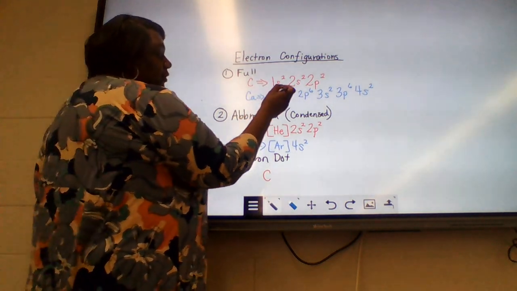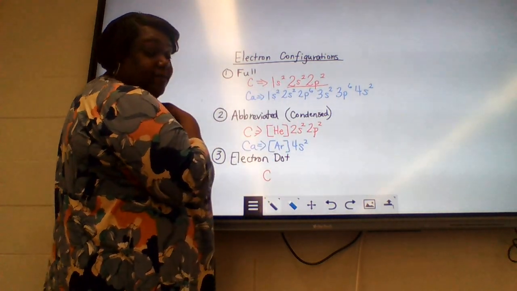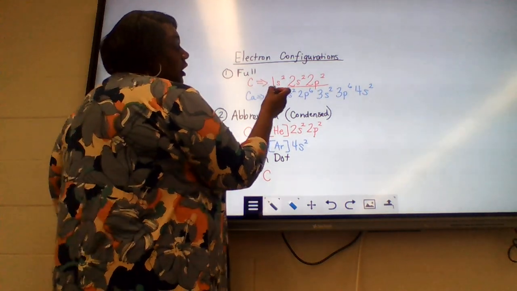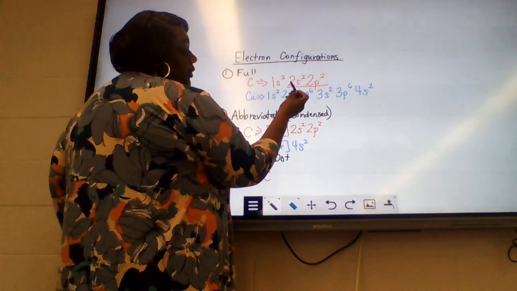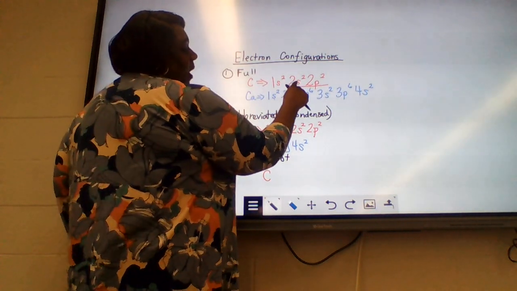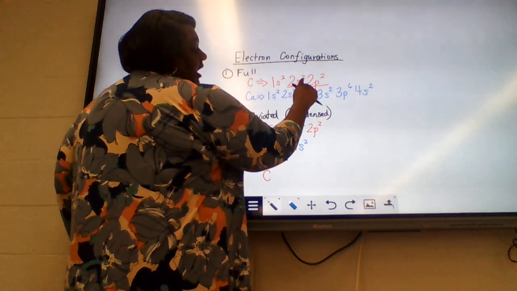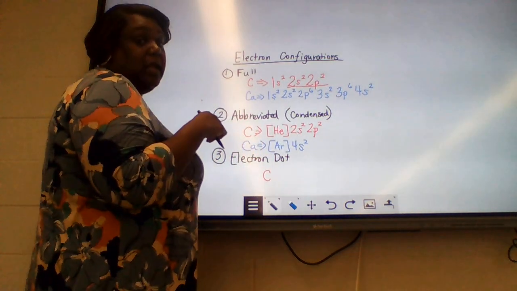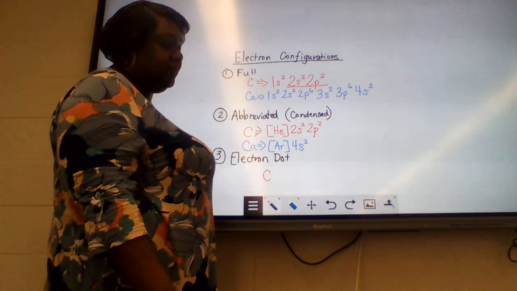If you look at the full configuration for carbon, you will see that there are 4 valence electrons there, because the highest energy level we have is energy level 2, represented by our big number. If I count how many electrons are on energy level 2, I've got 2 in the S and 2 in the P for a grand total of 4 valence electrons.